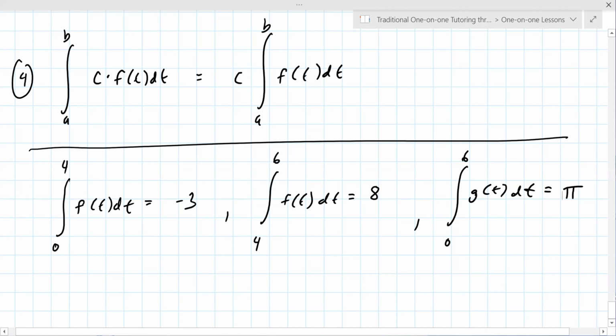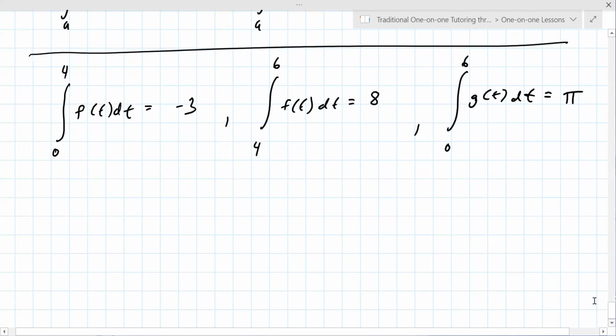So that's given. And then they would ask you something like, what is the integral from 0 to 6 of f of t dt? So then that's -3 plus 8, so 5.